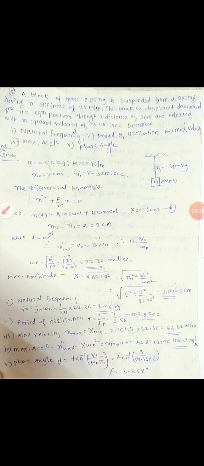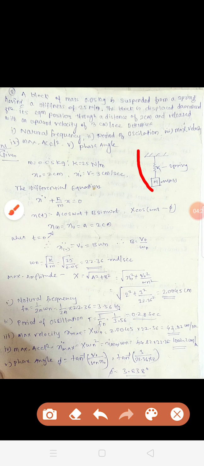First we take a diagram of this spring and mass system, where the given values are mass 0.05 kg, stiffness 25 Newton per meter, displacement x naught 2 centimeter, and velocity 3 centimeter per second. We know the differential equation x double dot plus k by m into x is equal to 0.